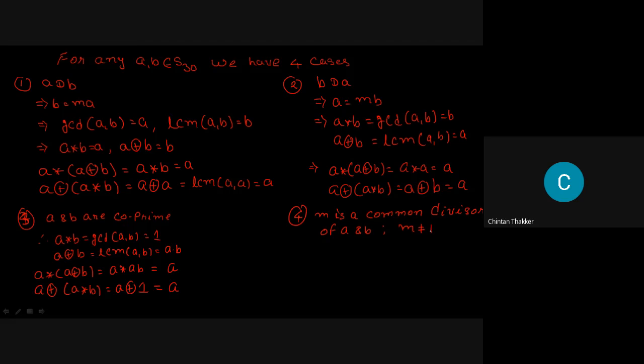So that means A and B are not co-prime numbers. So that means we have A star B, that is the GCD of A, B.